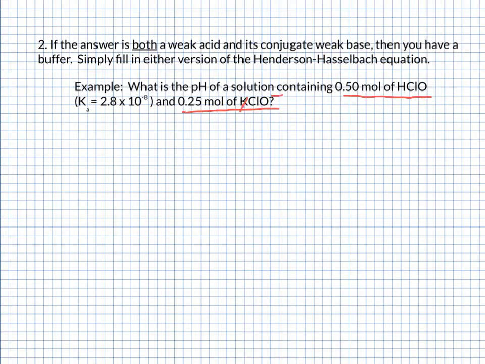So again, I've got a weak acid and its conjugate weak base. As I've told you, my preferred form of Henderson-Hasselbalch is the simple version. You can use the other one if you want, I just think this is easier. So we can do moles of acid, our acid is this, over moles of base.